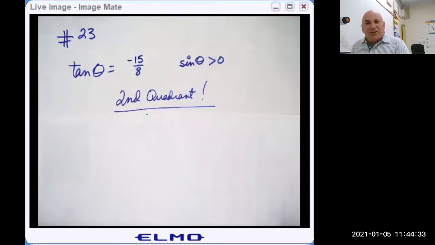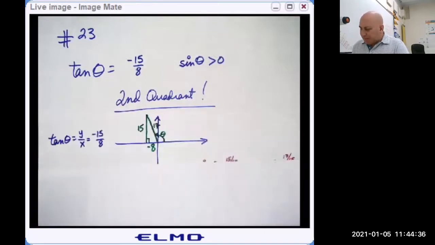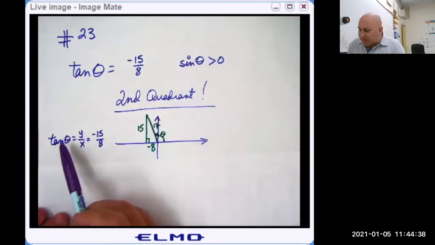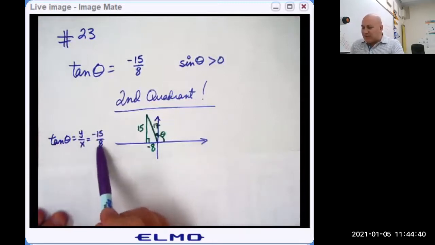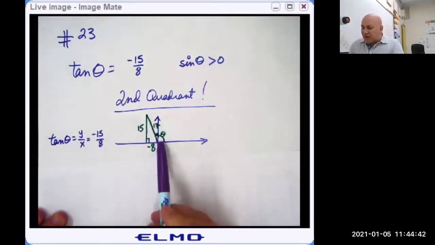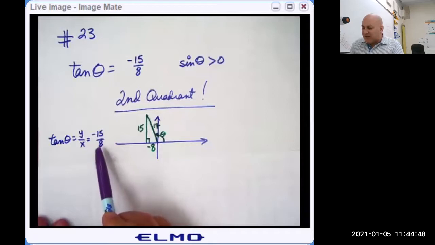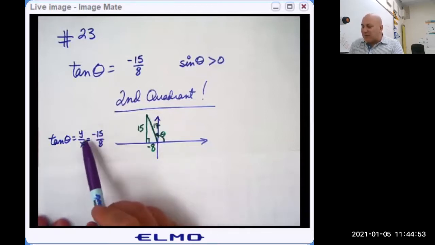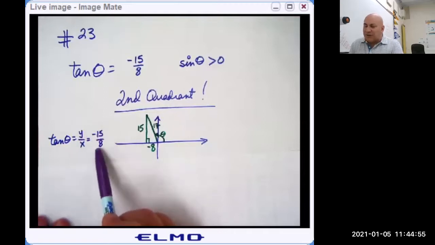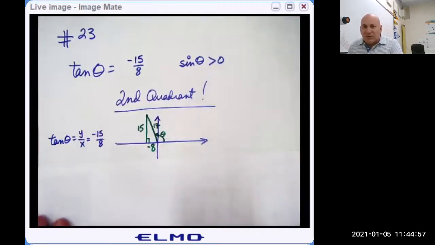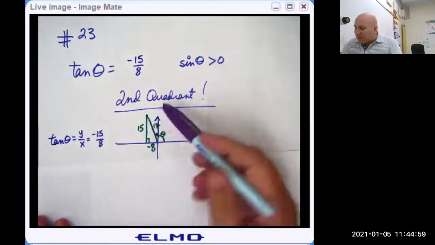So let's draw a picture. If tangent theta is -15/8, then I need to draw a second quadrant angle. It's -15/8, but because y is positive, it's really y of 15 over x of -8. You can see how that works.